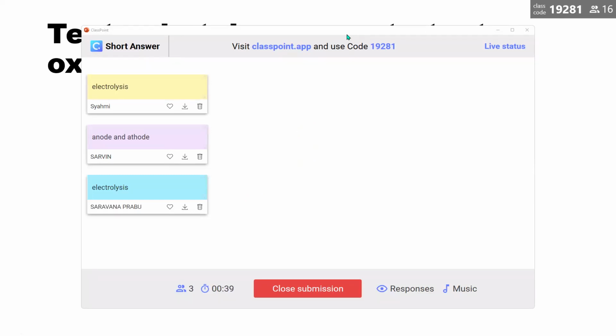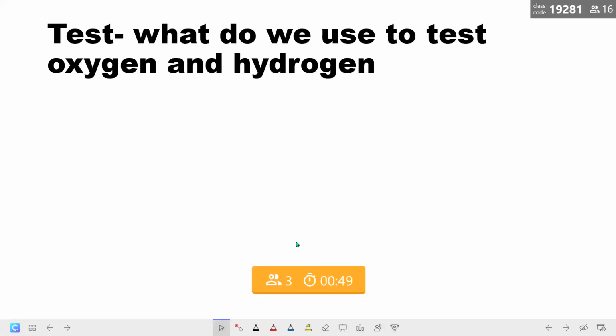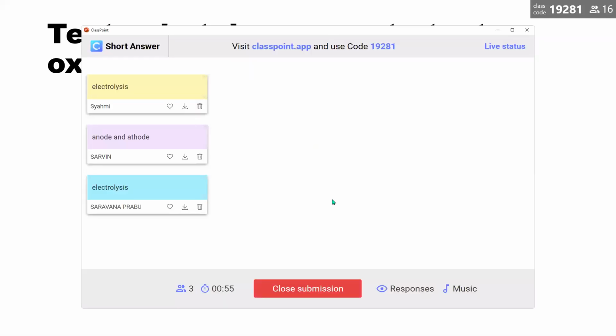My question to y'all is, what gas in the anode and what do you use to test oxygen and hydrogen? Now, some of you are not giving me the correct answer. What did I use to test?